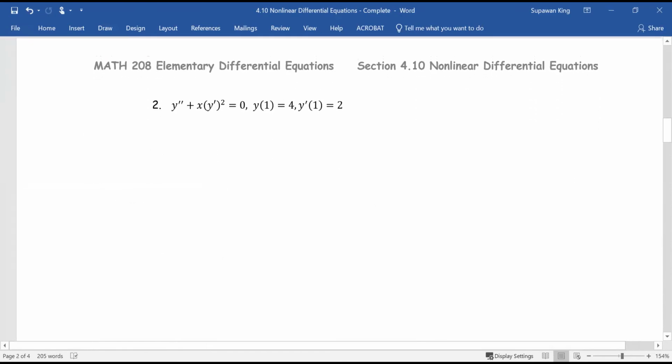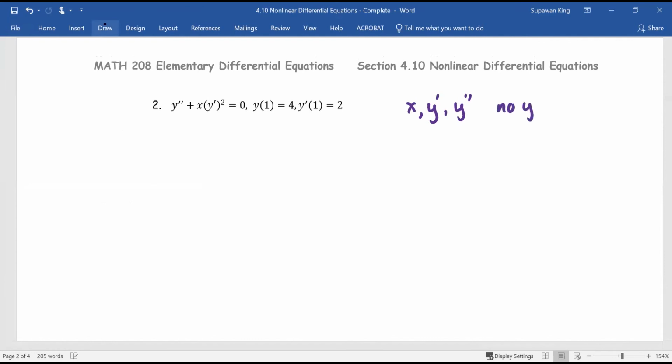Next example, in the equation, we have y double prime, we have x, we have y prime. As we make a list, x, y prime, y double prime are involved in the equation, but no y, or no dependent variable.